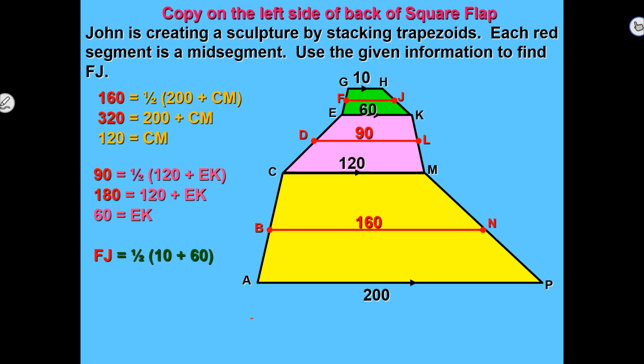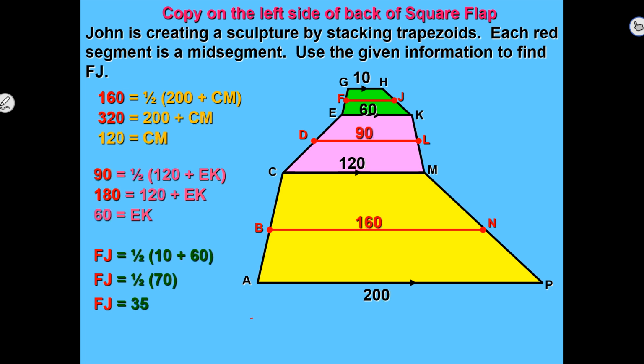So order of operations, we'd add first, and then multiply, because the addition is in the parentheses. So we would add and get 70, and then we half it, and FJ is going to be what? 35. Good.